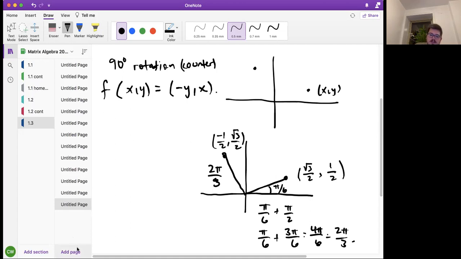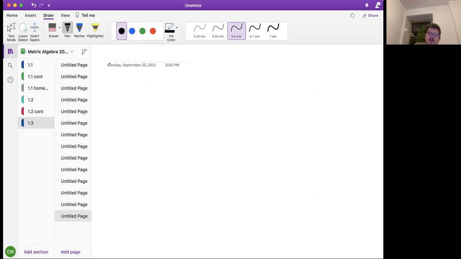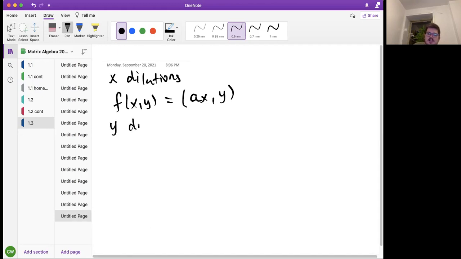So other ones that exist, x dilations. Won't draw a picture for it because it's not as nice. Probably need like a shape to understand it. Y dilations.